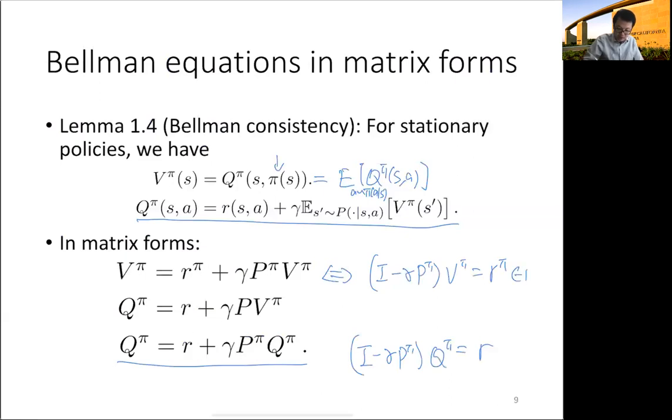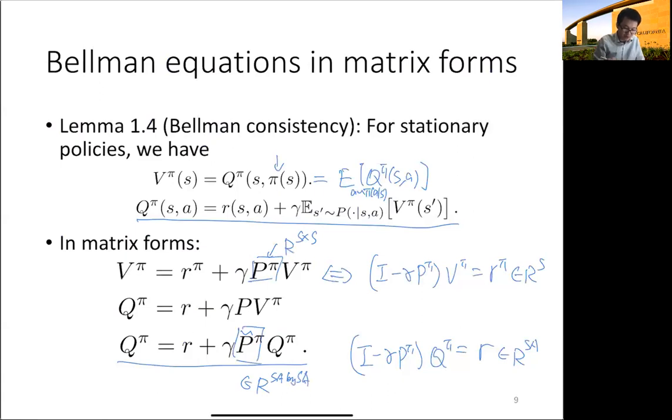So this R is in R to the S, this R is in R to the SA, right? So I'm overloading the notation, mostly to avoid the clutter. So this P pi is a matrix in R SA by SA, and this P pi is in R S by S. They both depend on pi, but they depend on pi in slightly different ways. So maybe a better notation would be to add a tilde here.